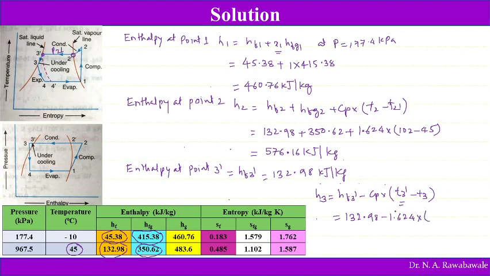T3 dash is 45 degrees Celsius, the saturation temperature at pressure P2, and T3 is given in the problem as 35.